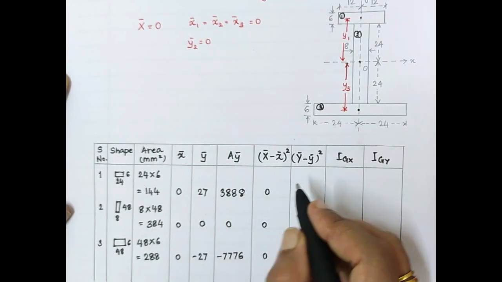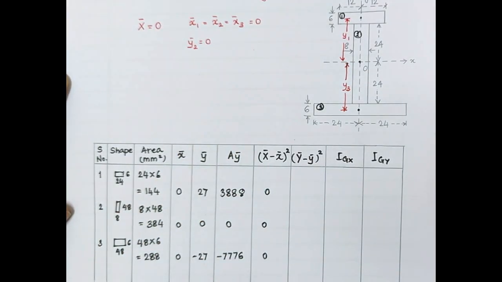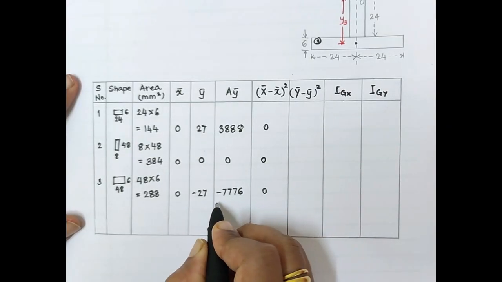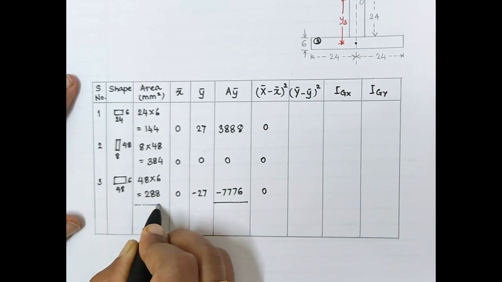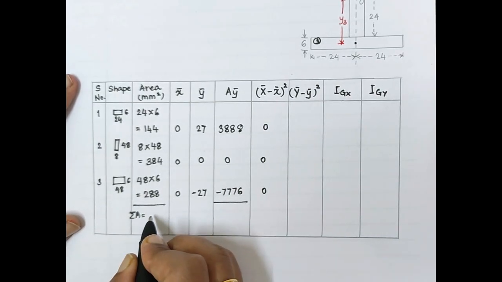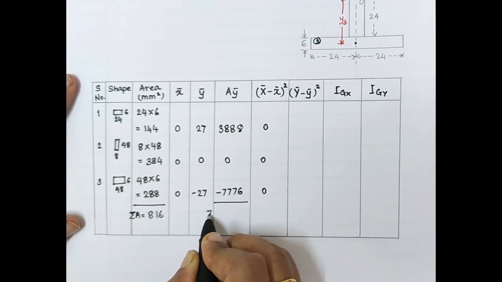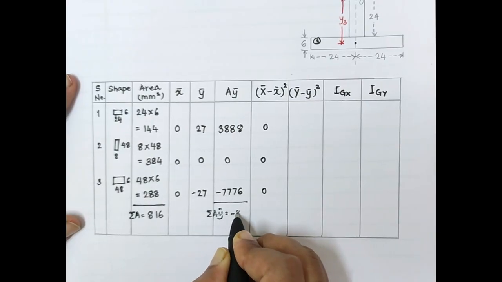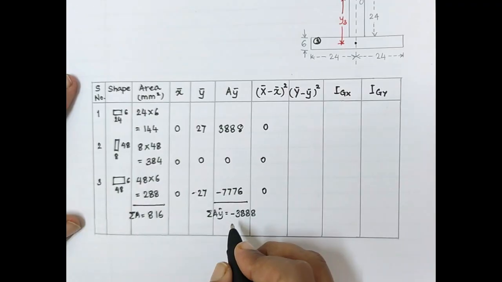Similarly for the y, we are going to consider the capital Y, for which we have to do the necessary calculations. So let's do the necessary calculations. Here we have to take summation AY bar and we have to take summation A. So summation A comes out to be 816 mm square, whereas summation AY bar comes out to be minus 3,888 mm cube.